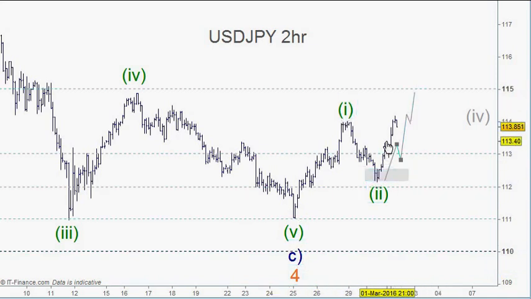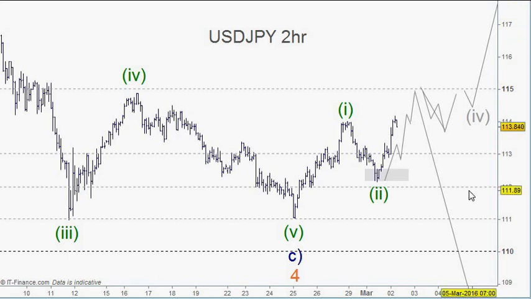So if we get wave 1 and 2 and 3 and 4 and 5 here, then technically with the other count that we've got, we should see this basically move down from here, okay? But if we see this move down in 3 waves as an A and a B and a C wave, and we can confirm that this move is corrective in 3 waves, then we're going to look to be on the long side.